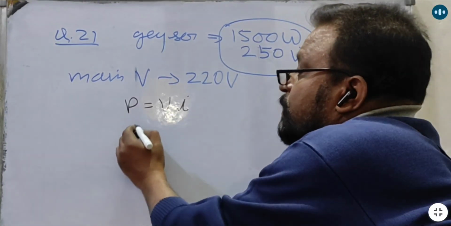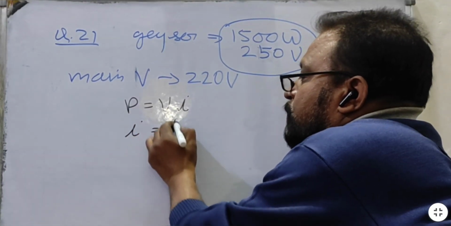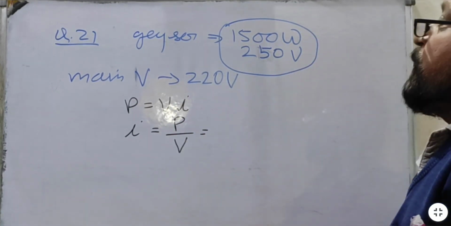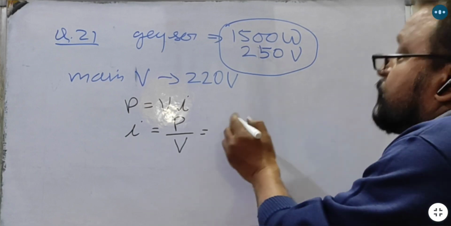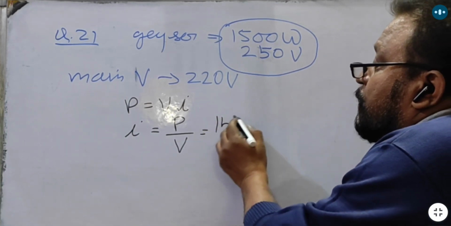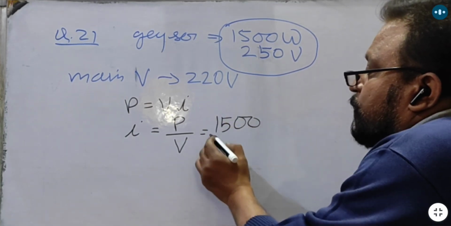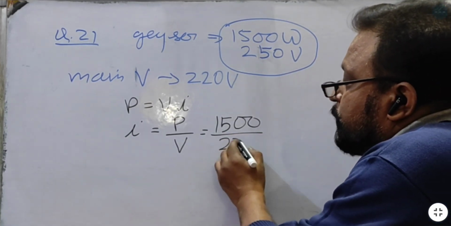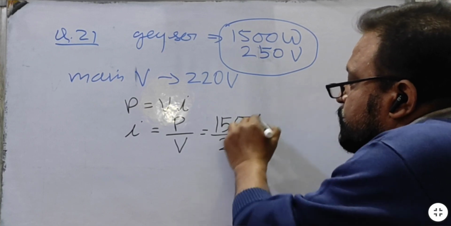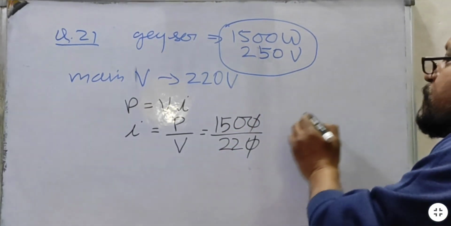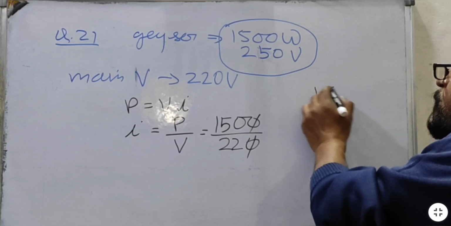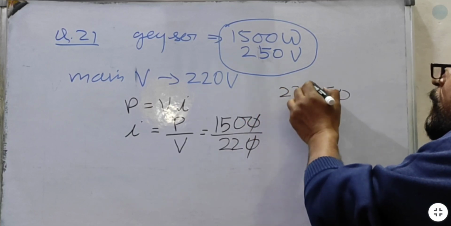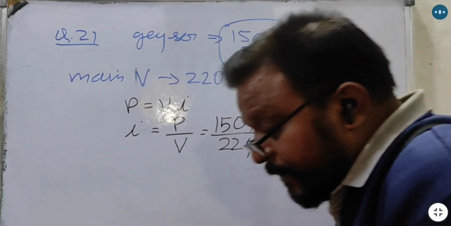So I is equal to P upon V. So P is how much? 1500 watt, and V is 220 volt. This is cancelled out. So how much? 150 upon 220, right?